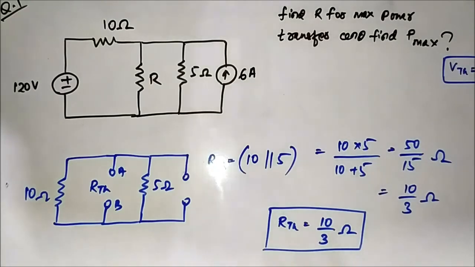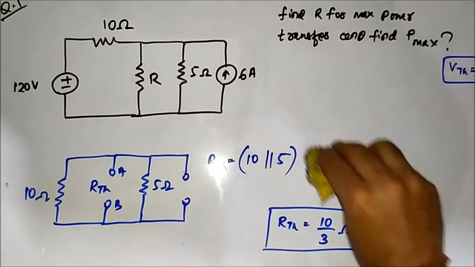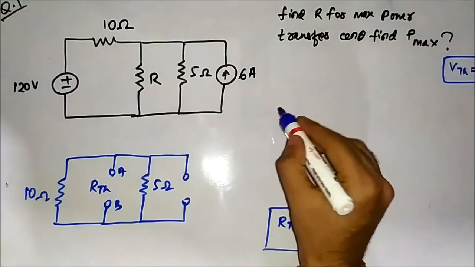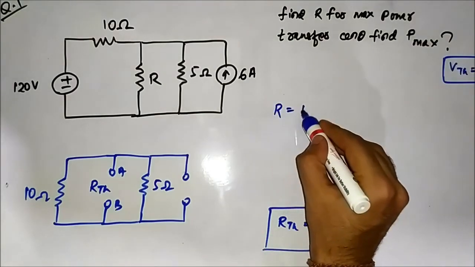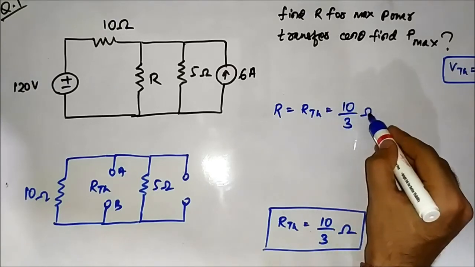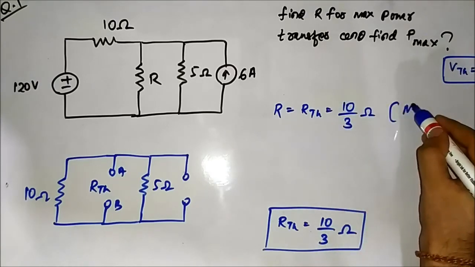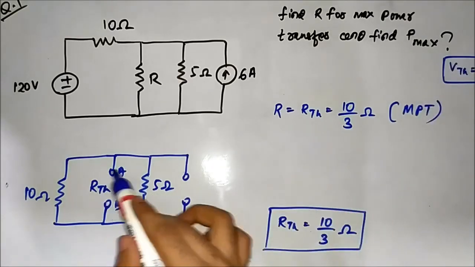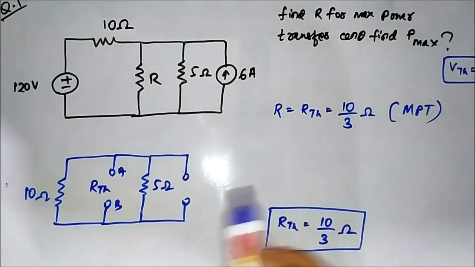Now we have got the value of R, which is equal to RTH, that is 10 by 3 ohm, which is the condition for maximum power transfer. Okay, the resistance should be equal to the Thevenin resistance.